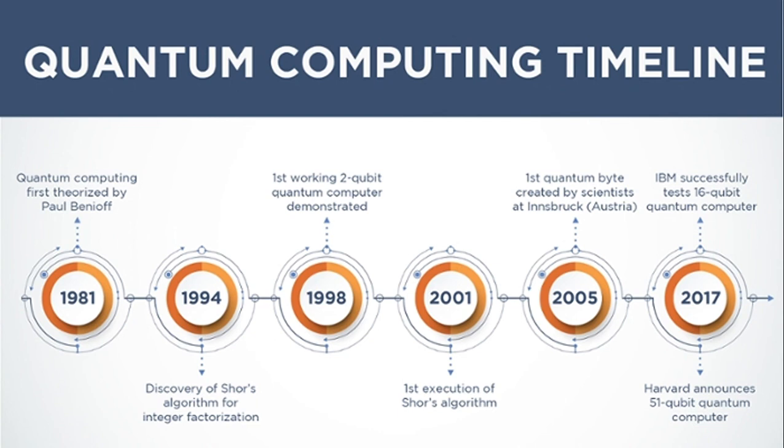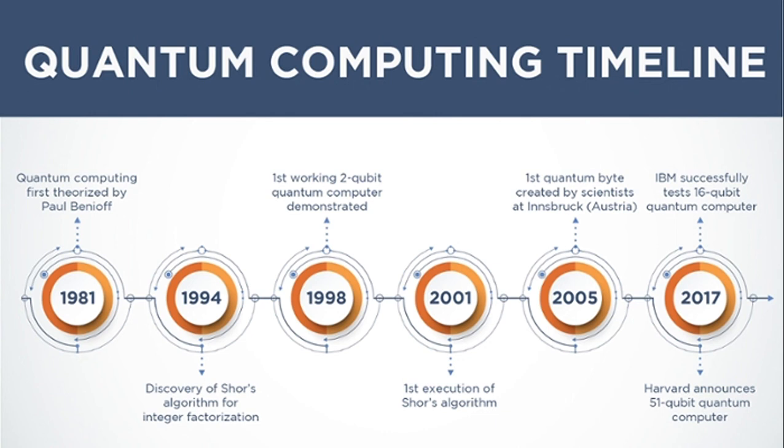Now, what is the quantum computing timeline? So, how has the journey evolved till now. Quantum computing was first theorized by Paul Benioff in 1981. In 1994, the Shor's algorithm for integer factorization was discovered. The first working 2-qubit quantum computer was demonstrated in 1998. In 2001, the first execution of Shor's algorithm happened.